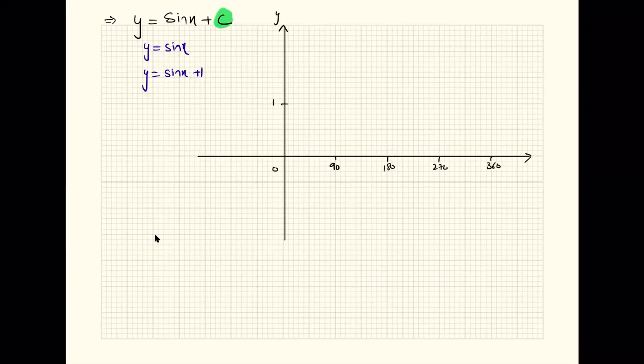This is 1, this is negative 1. At 270 it is minus 1, 360. Done. This is your sin x graph.